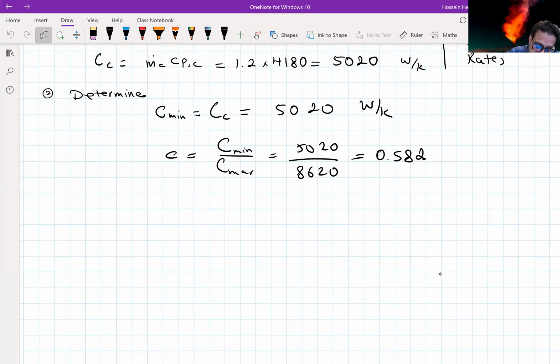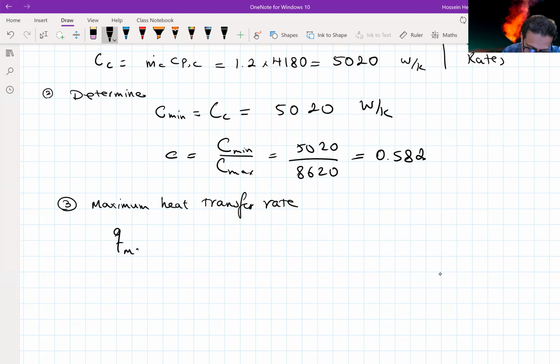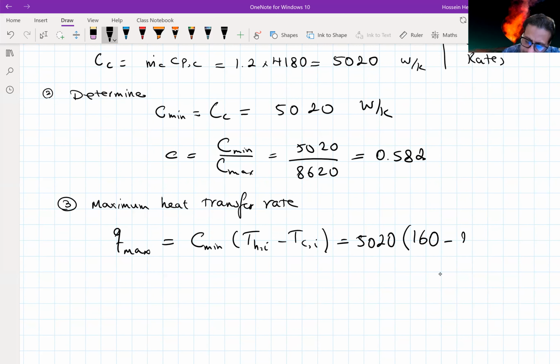Then we can define the maximum possible heat transfer rate, which will be Q max is C min times the inlet temperature for the hot stream minus the inlet temperature for the cold stream. So 5020, inlet for the hot stream was 160 and the cold stream is 20.